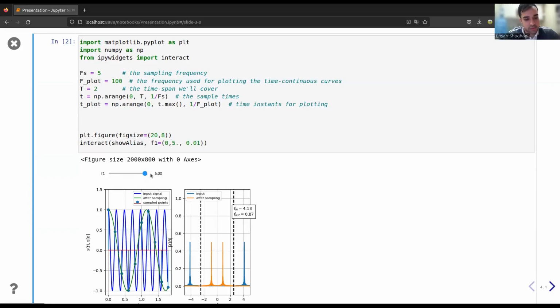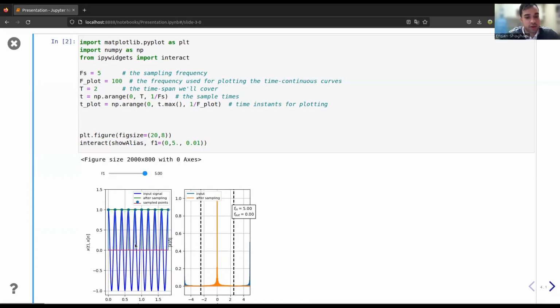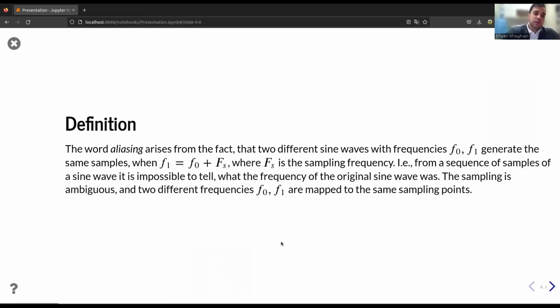And ultimately, when the signal has the same frequency as our sampling rate, after sampling we see zero frequency. This is what actually happens.